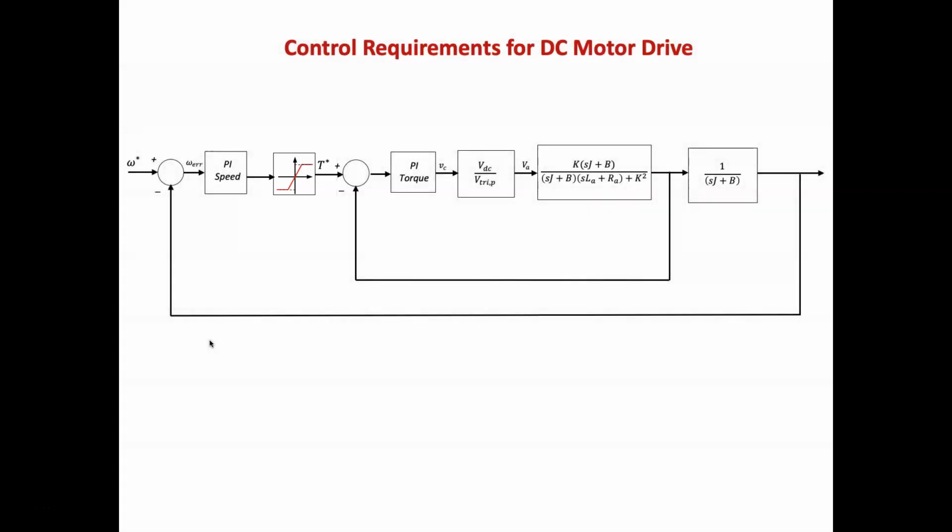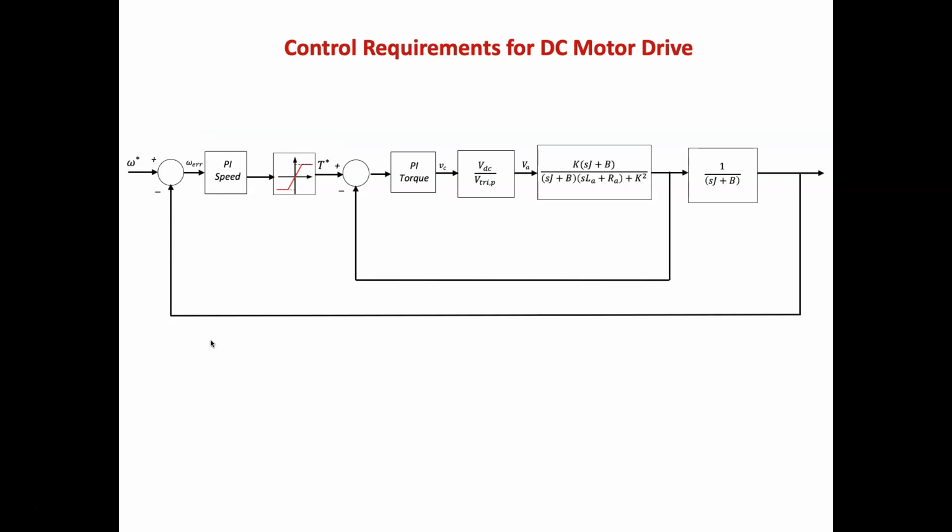During transients, for example, whenever there is a step change in speed reference, the speed controller will produce a large signal to compensate for the large speed error. This large signal most likely will hit the maximum torque reference or torque limit, which causes a saturation of the torque reference. Therefore, the relationship between the speed error and the torque reference is no longer linear.